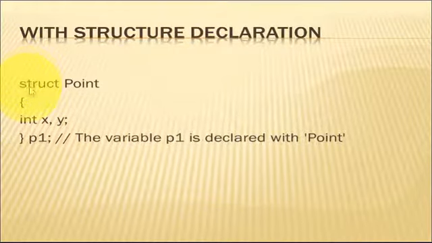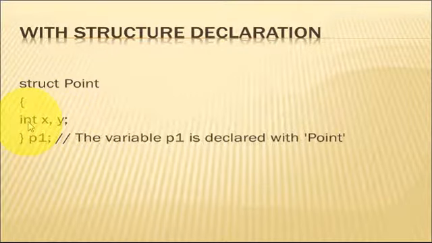Here you see struct is the keyword, then point is the identifier, the structure tag name. Inside the curly braces we used two data members, x and y, both having the same data type, integer.